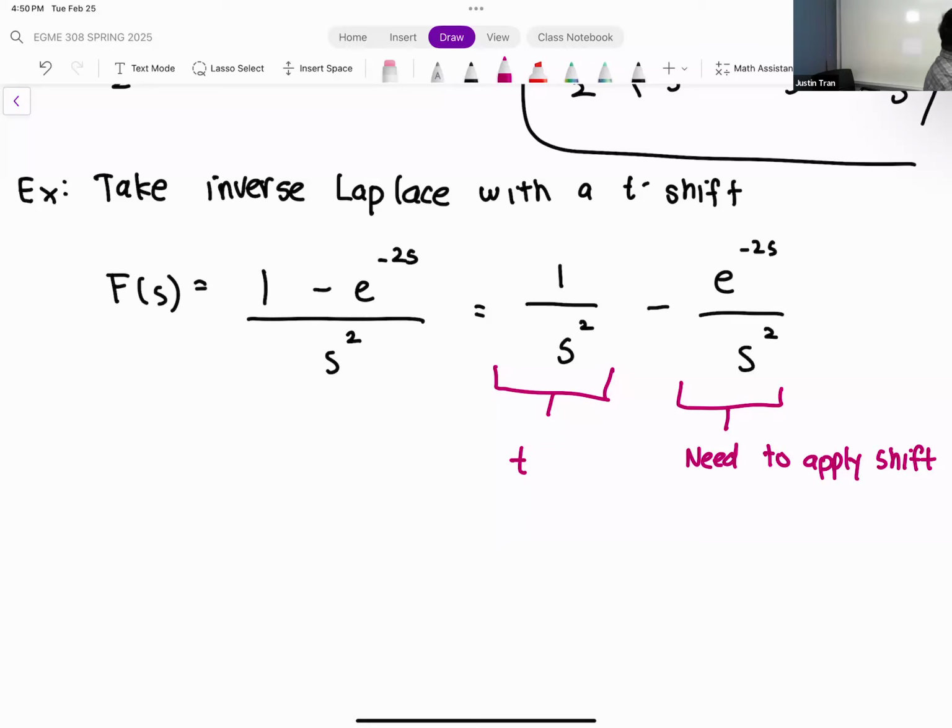Okay. So the good news is that taking an inverse Laplace with a shift is actually a lot simpler than doing the forwards, because you don't have to do any kind of weird plugging in like you did from before. Okay. So here's my recommendation for doing these inverse Laplace with a shift. Whenever you see this, and you need to take the inverse Laplace, first thing I always do is I take the inverse Laplace of the base function itself, and then just ignore the shift.